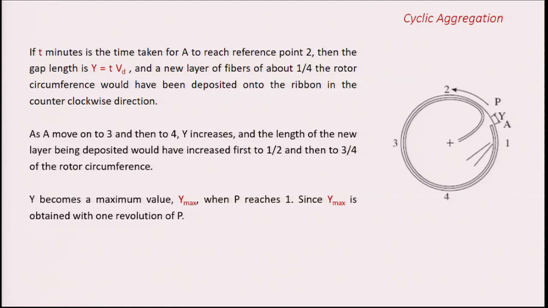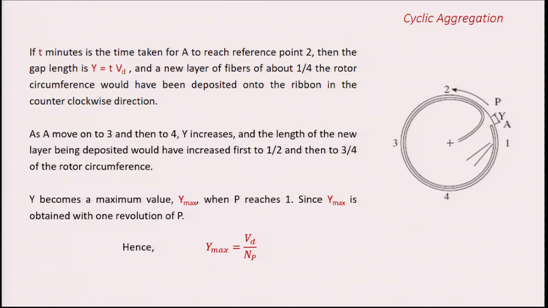So, y max is obtained once the point P makes one full rotation. Till that time it is gradually increasing. Once it reaches point 1, this distance gets maximized, and after that the new fiber is going to cover that gap, which we will come back to in the next slide also. Now, at this point we can write, y max is going to be how much?